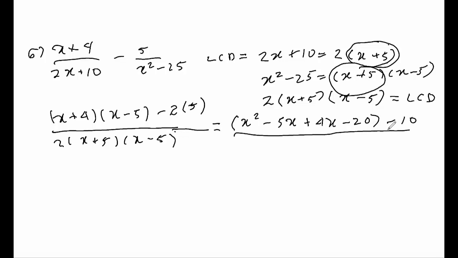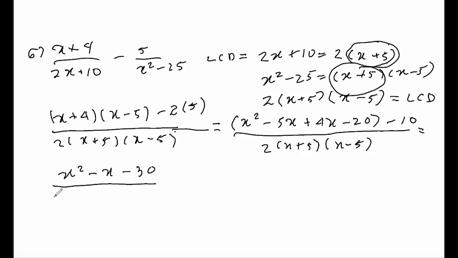And that's all over 2 times x plus 5, x minus 5. And now we want to take this out of the brackets and combine it further. So we have x squared minus x, and minus 20 and minus 10 is minus 30 on the top, over 2 times x plus 5 times x minus 5.